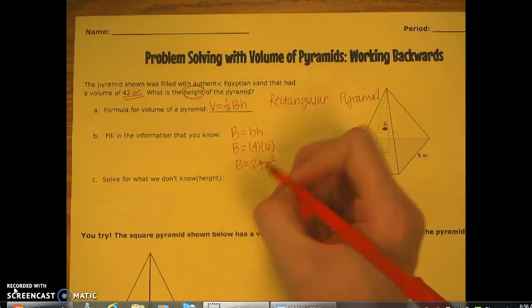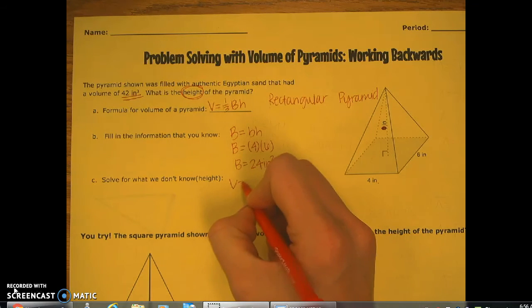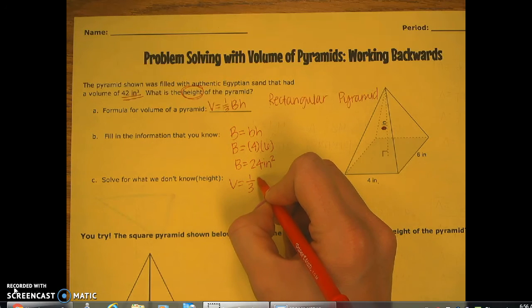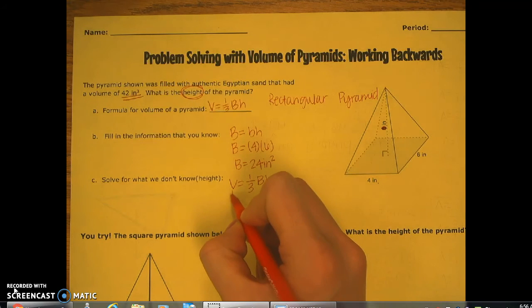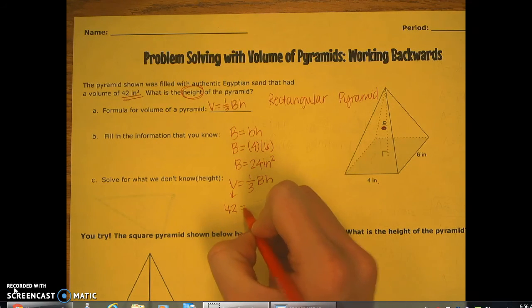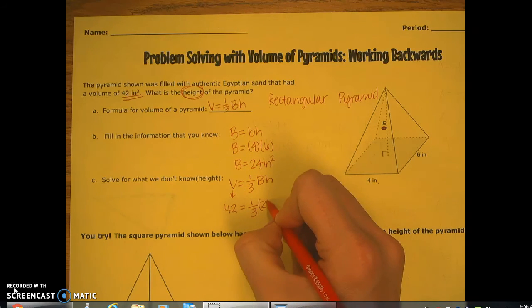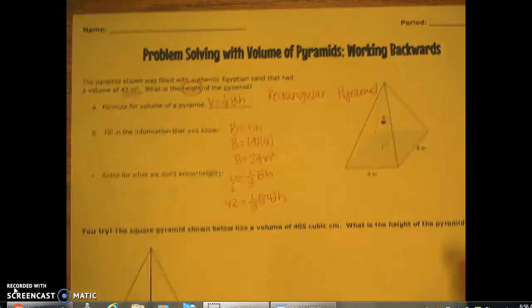So now, if I go back to my original formula, I know to get the volume of the whole pyramid, we had to do 1/3 area of the base times the height. I know that the volume is 42. And now I know the area of the base is 24. The only part we don't know is the height.